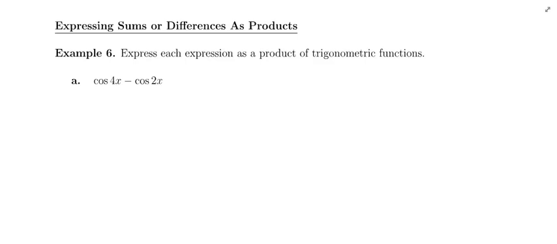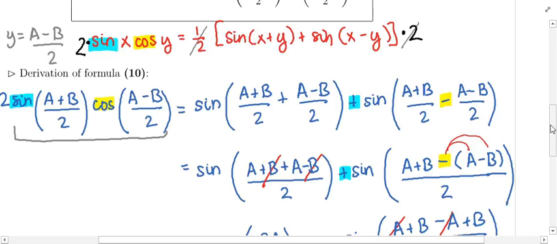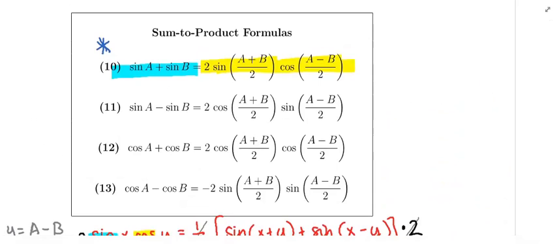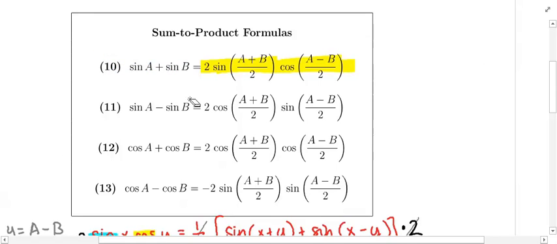So we need to go back to the sum to product formulas, and we need to scan them for the appropriate formula. We have cosine minus cosine. Make sure you realize there's a separate formula for cosine plus cosine and cosine minus cosine. So what we have is matching up with this last formula.